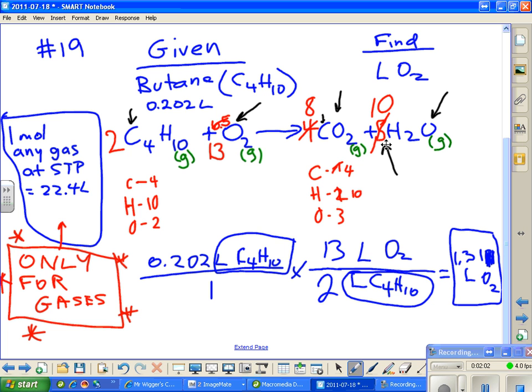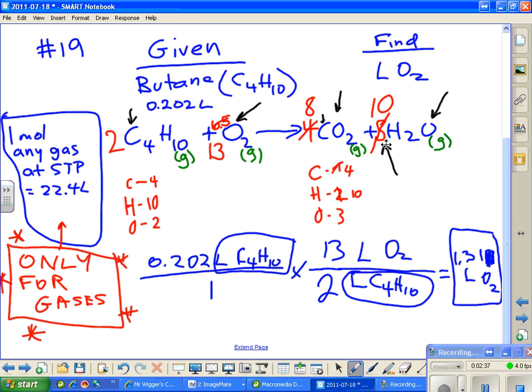The total number of oxygens on the right was 5 and 8, which is 13. To get the 13 oxygens, you had to have 6.5 as the coefficient. Then we went back and multiplied everything by 2.